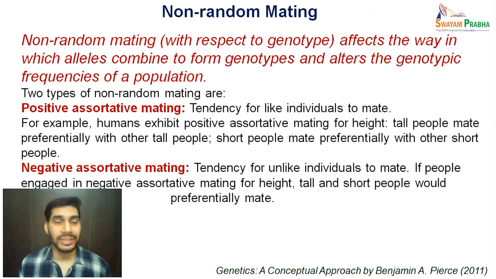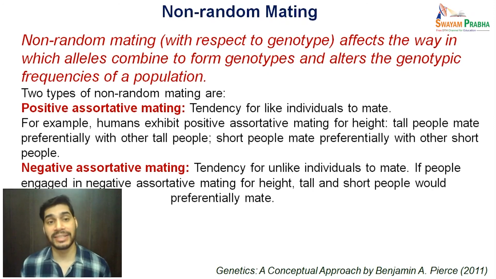Now let us also discuss what we mean by non-random mating. Non-random mating with respect to genotype affects the way in which alleles combine to form genotypes and alters the genotypic frequency of a population. There are two types of non-random mating. One is called positive assortative and the other is called negative assortative. In positive assortative mating, there is a tendency for like individuals to mate.